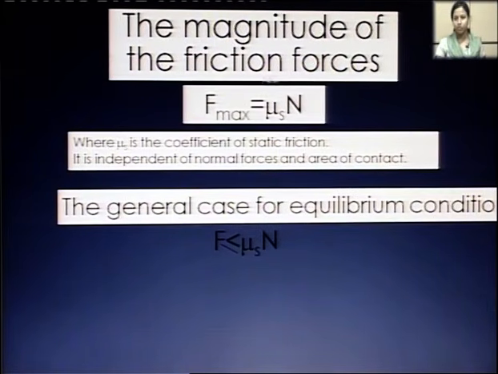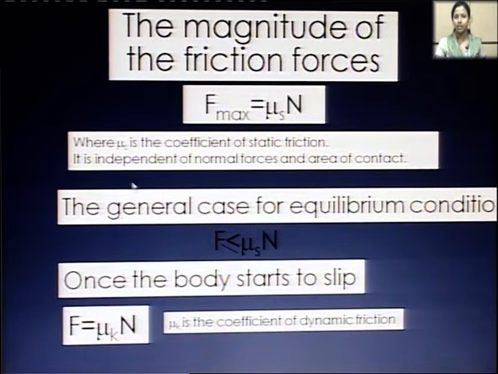Next is the magnitude of the frictional forces. The maximum frictional force acting on a body is mu s into n, where mu s is the limiting friction and n is the normal force. This mu is independent of the normal force and the area of contact. The general case for the equilibrium condition is F is always less than mu s into n.